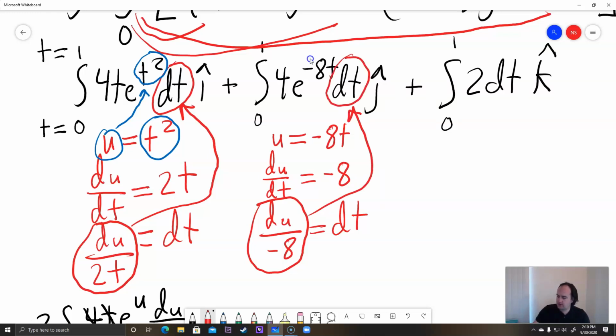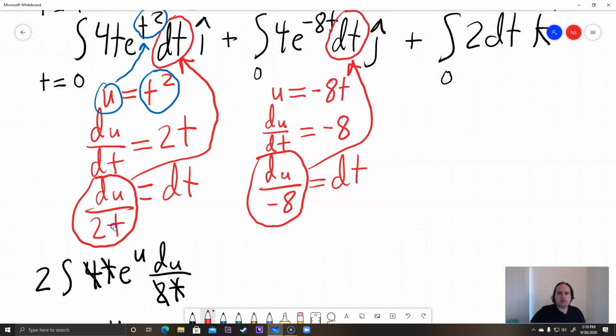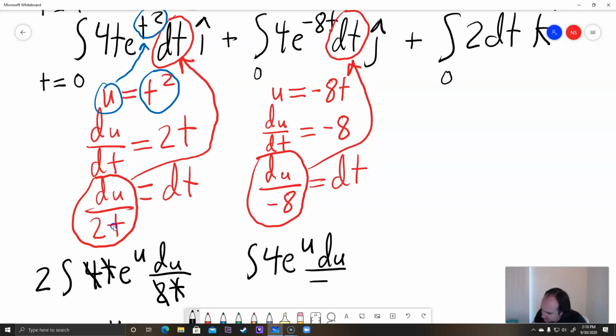Okay, and so our new integral here is going to actually be the integral of 4 times e to the u times du over negative 8.